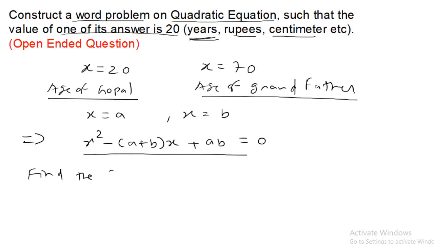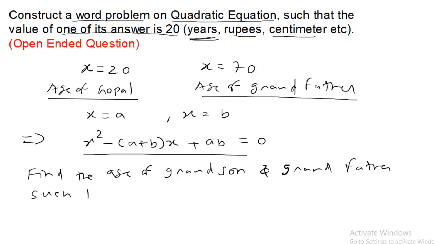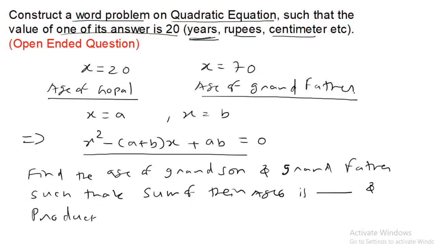Find the age of grandson and grandfather such that sum of their ages is and product of their ages is.